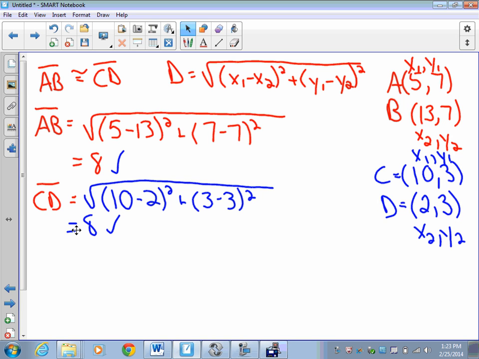In order to prove it's a parallelogram, I'm not going to do this part. You can try it on your own.